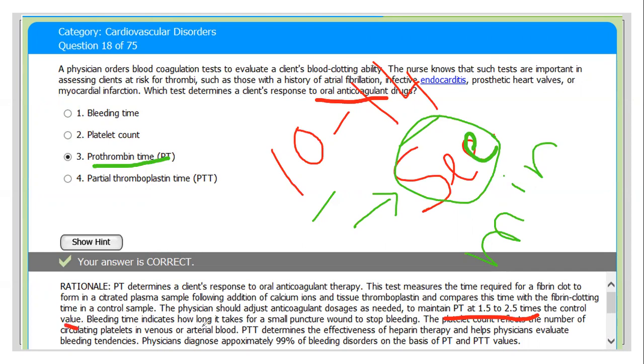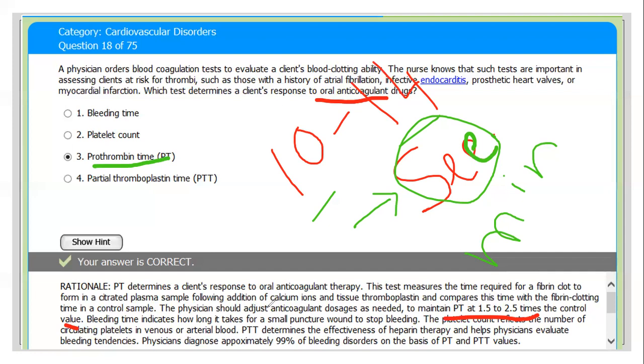Bleeding time indicates how long it takes for a small puncture wound to stop bleeding. The platelet count refers to the number of circulating platelets in venous or arterial blood. It is not related to this.